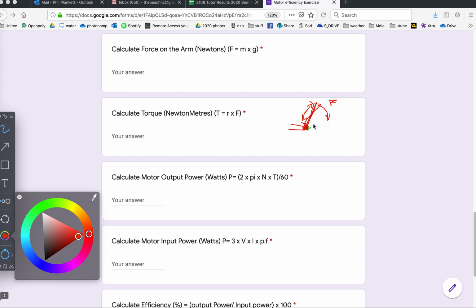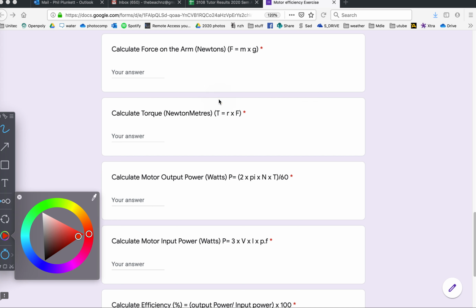Those two factors will tell me the torque on the shaft. I could have a longer arm, my force would be less. Shorter arm, my force would be more. So in our exercise we've measured with a scale right here. We've measured kilograms just on a spring scale, and the arm pulls down on it, so we need to know the length of the arm and the kilograms.